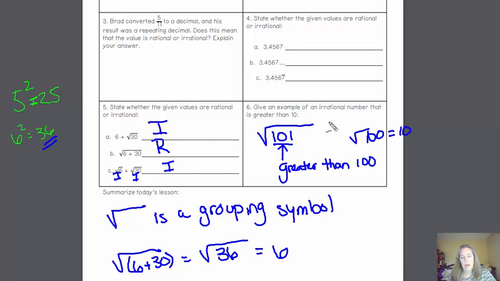Or you could say something like 10 pi. That would also be rational. I'm sorry, irrational. 10 times. Nope, 100 pi. Sorry. No, greater than 10. 10 pi would do it.